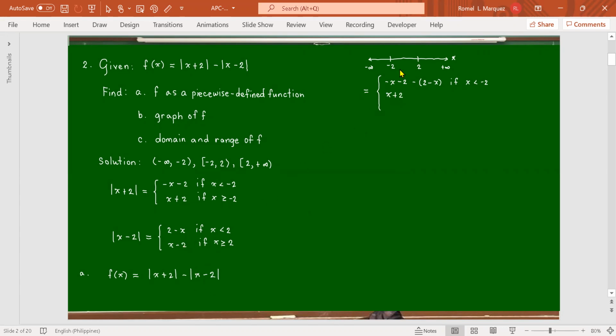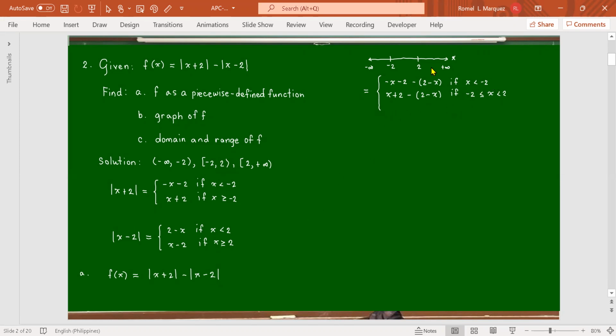The interval between negative 2 and 2 also belongs to less than 2, right? So minus 2 minus x. Am I correct, children? Yes, sir. So that is if x is between negative 2 and 2, including negative 2, because that's what we have in this interval. But as I said, you can include the negative 2 in the first interval if you want.